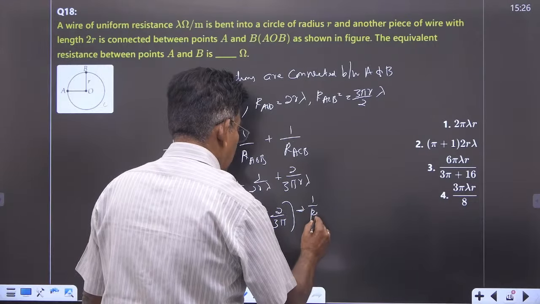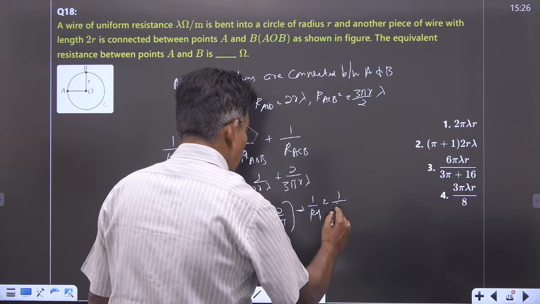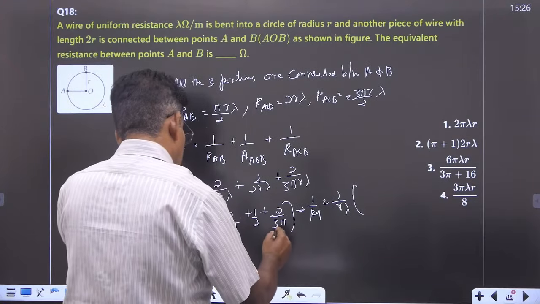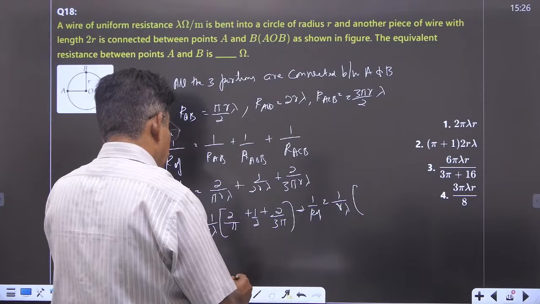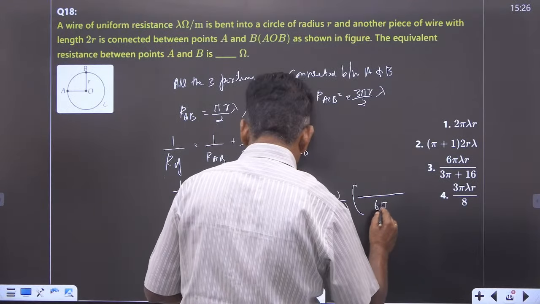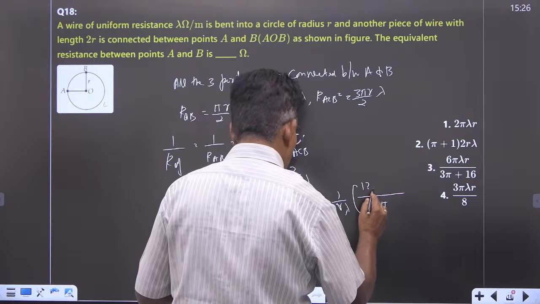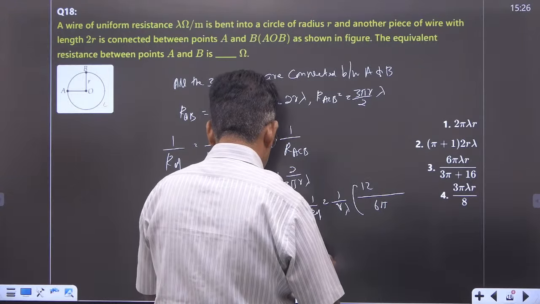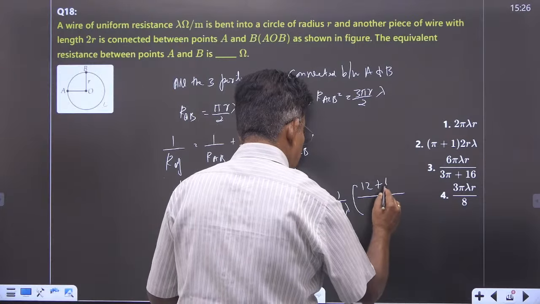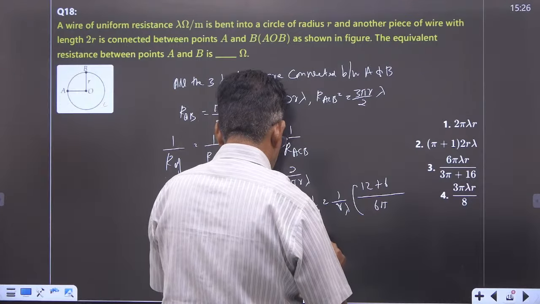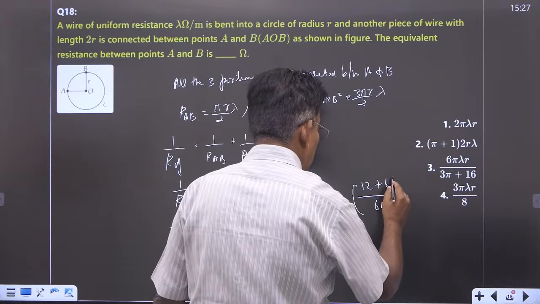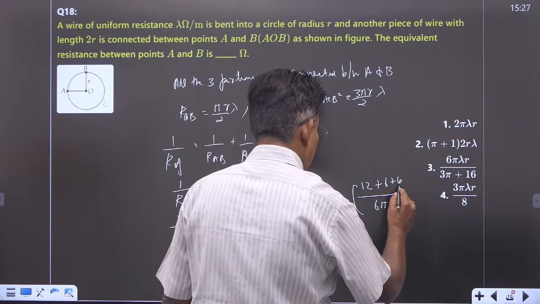1 by R effective is equal to 1 by R lambda. What about the LCM of this? We have 6 pi, 6 pi is the LCM. Then 6 pi by 6 pi, that is 12. Then how much will be remaining here? 6 plus how many? 2 plus 2, 4.